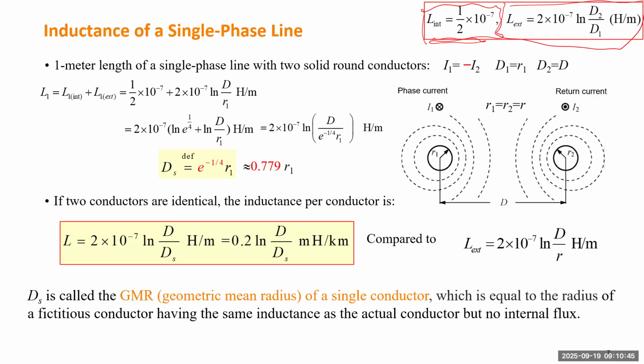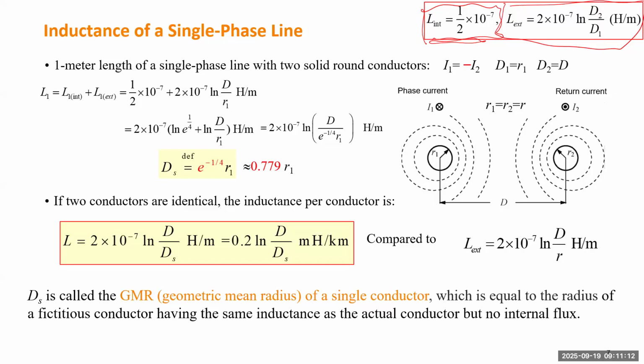The first one, the inductance due to the flux linkage inside the conductor, doesn't depend on the dimension of the conductor, so it is a constant value. But the inductance due to the flux linkage outside the conductor does depend on the distance to the conductor.